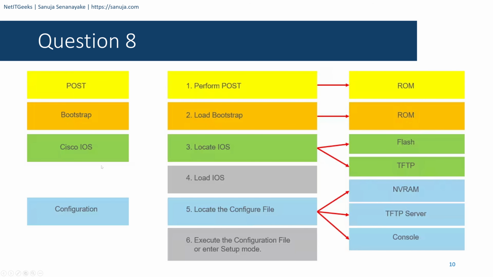And then after that, the Cisco IOS starts loading once the bootstrap has been completed. In the bootstrap, we load the bootstrap files, and that gets loaded from the ROM. But the Cisco IOS gets located in the flash or the TFTP, and then the configuration file gets loaded from the NVRAM.